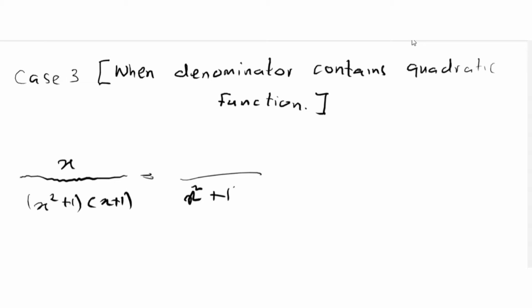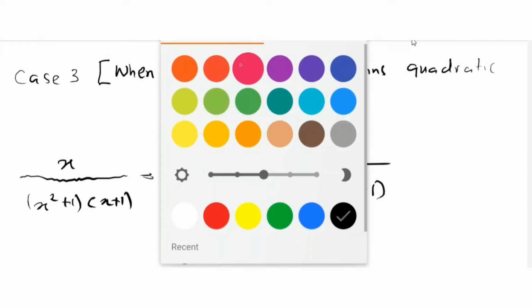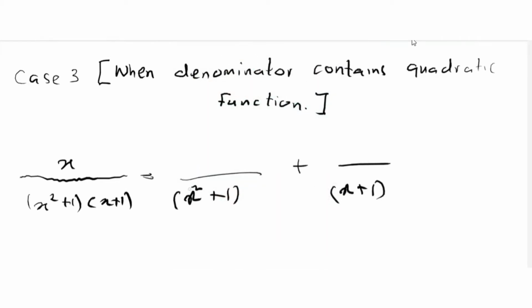It's like the same, we just split the factors, plus x plus 1. So x squared plus 1, like I told you earlier, here you see this x squared plus 1.